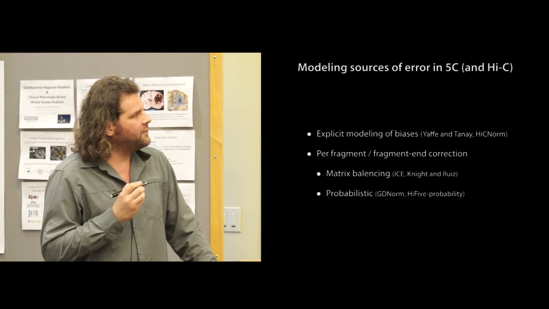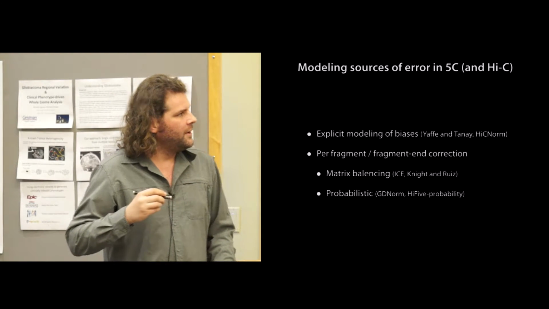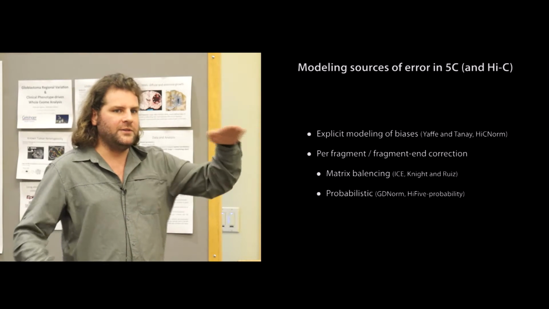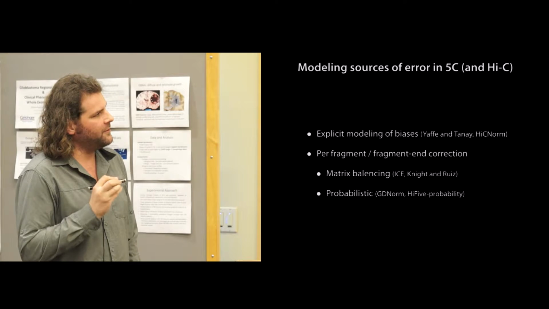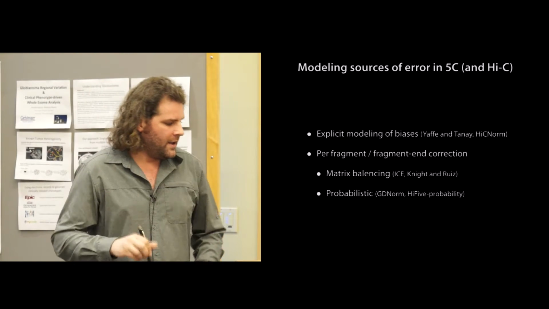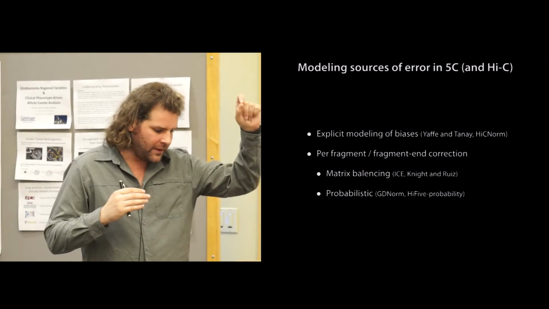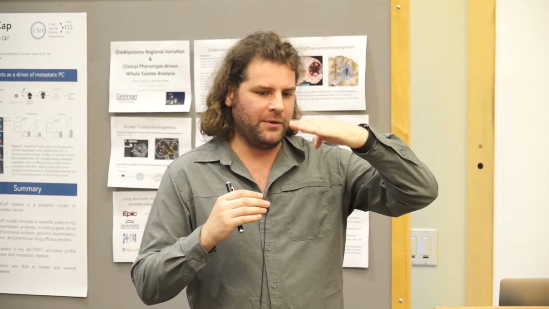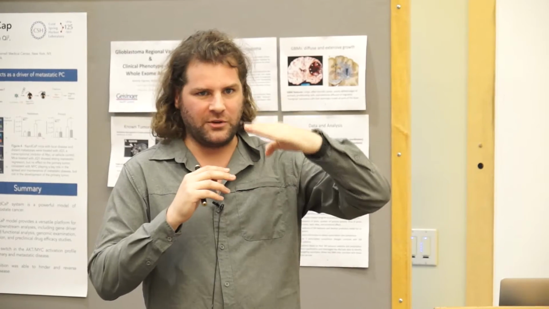So there are a couple of these more per-fragment kinds of corrections that rely on the idea that you're expecting symmetry again. Matrix balancing might be one that's fairly easy to think about. If you're expecting symmetry, what if you just have a correction factor and look at the matrix and ask how much do I need to change that correction factor to make it more symmetrical, right?